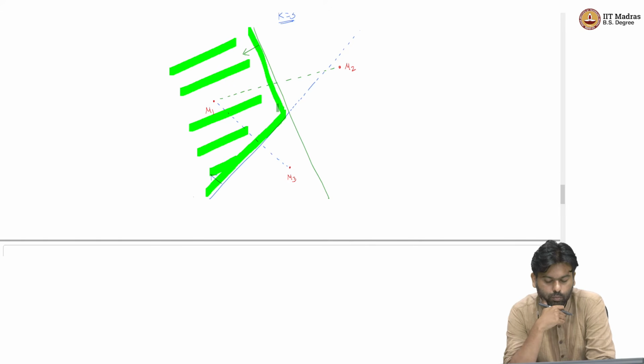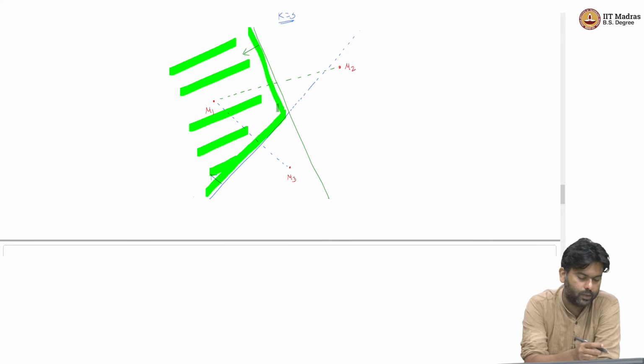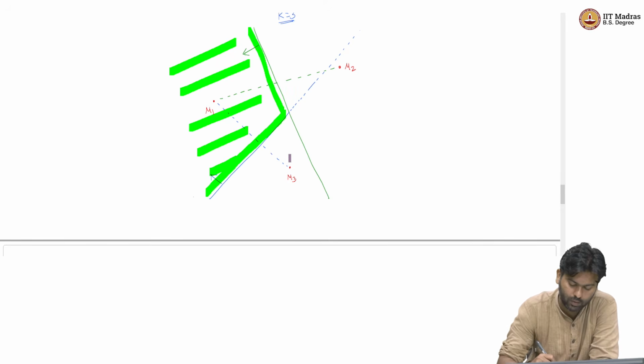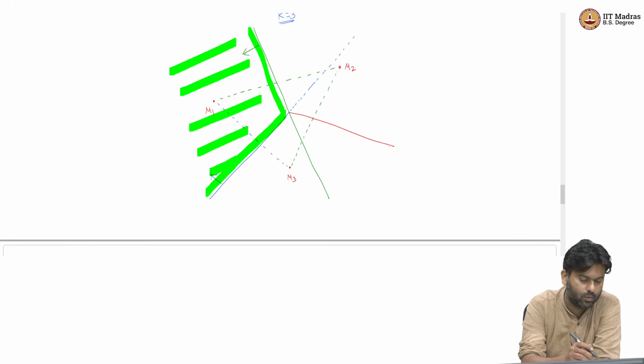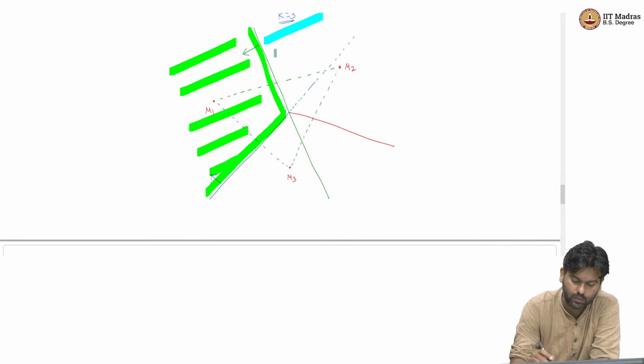Now, what about mu2 and mu3? Where are the points in cluster 2 and cluster 3? For that we need to draw one more perpendicular bisector which connects mu2 and mu3, and that would be somewhere like this. And that would tell us those assigned to cluster 2 are going to be in this region.